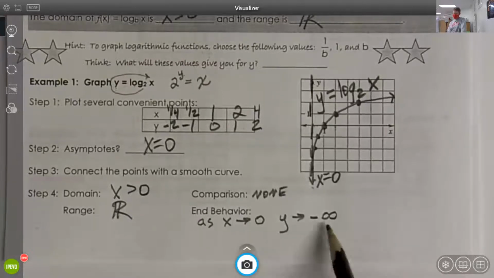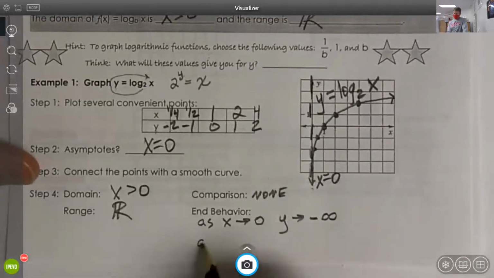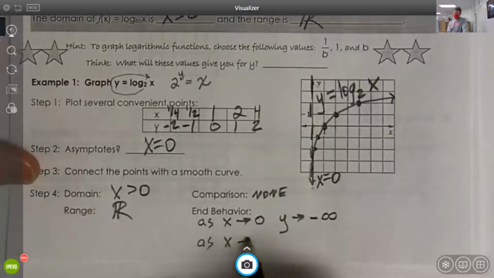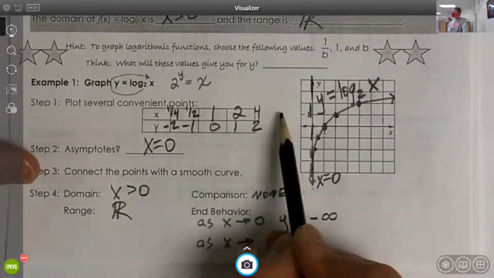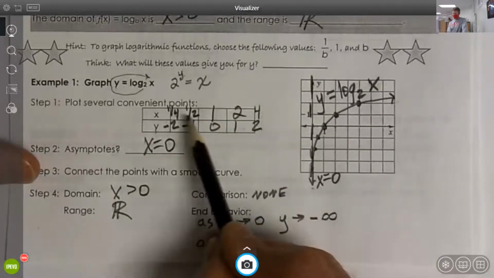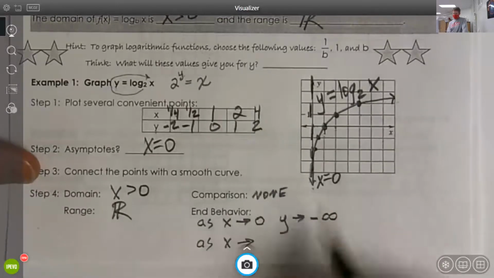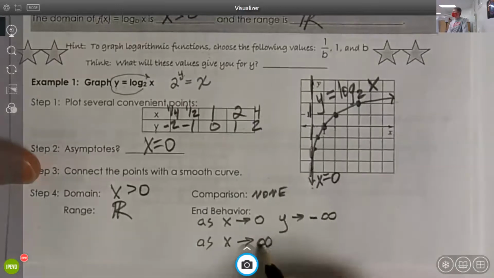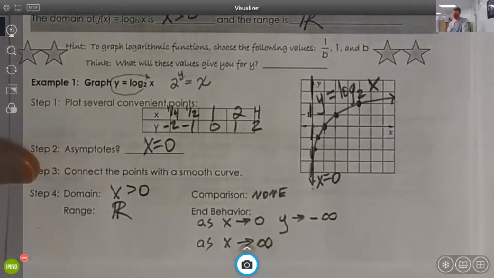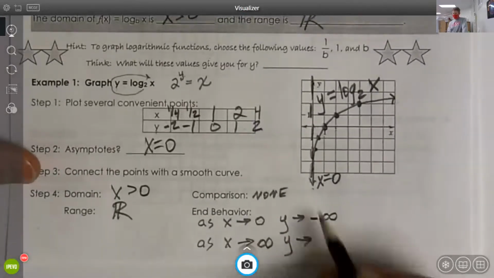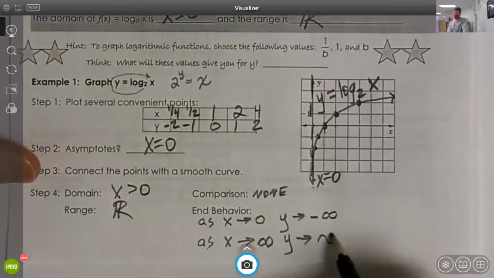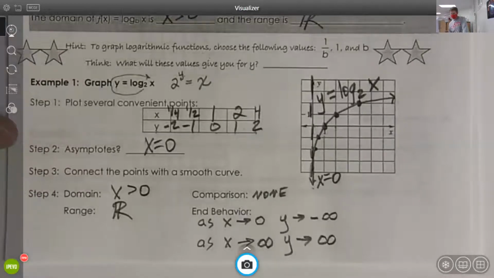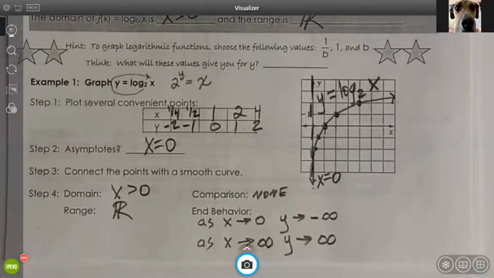You can get any number for y. And as x moves to the right, it seems to move to the right pretty freely. No restrictions when x is moving to the right. So as that approaches infinity, the y value is also increasing to infinity.